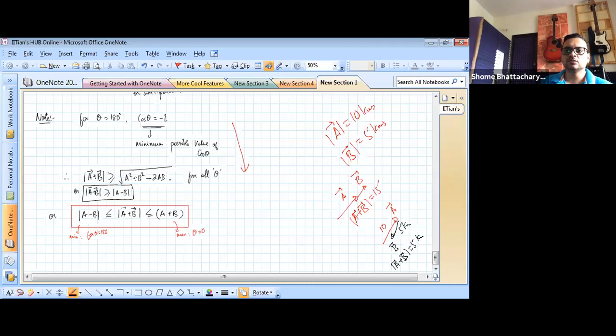See, technically, this statement, it's root of A square plus B square minus 2AB. So that is root of A minus B whole square. Now, A minus B can be a negative quantity also. So when we write this, we'll have to write this as mod of A minus B, not just A minus B. That is why. So if A is greater than B, then it's okay. If A is less than B also, it will come with a plus sign only because it's a mod.